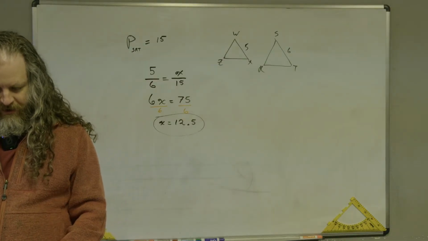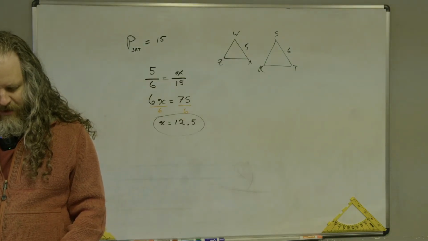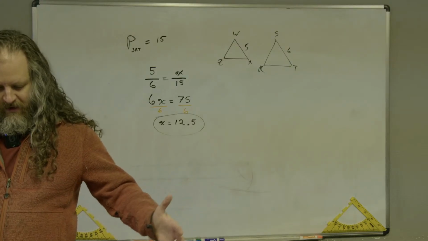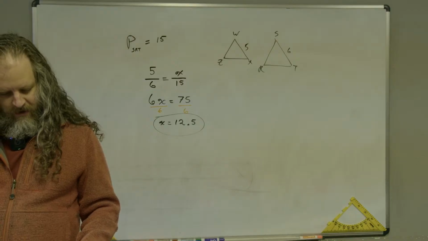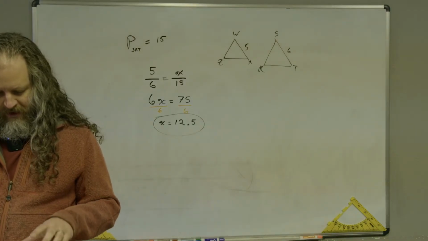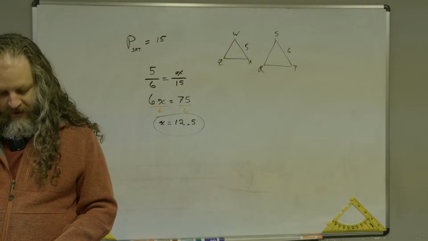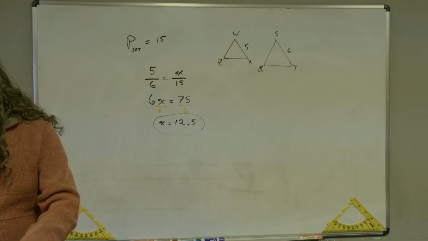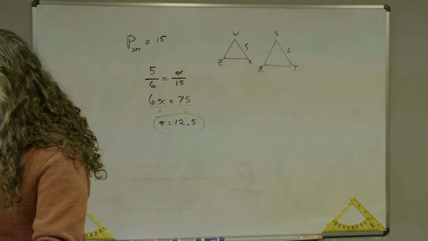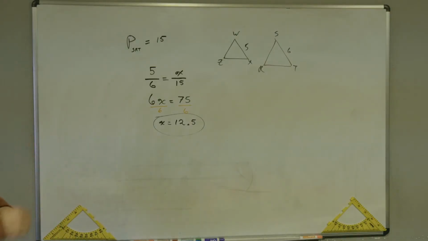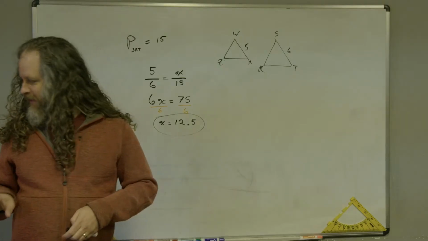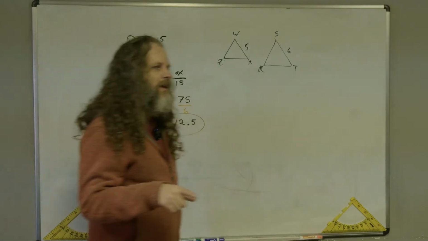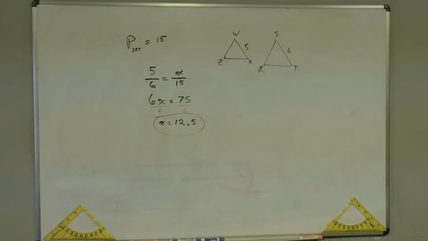Bunch of words. Rectangle ABCD has a width of 8 yards and a length of 20 yards. Rectangle QRST, which is similar, has a length of 40 yards. Find the scale factor. Oh no, scale factor. Scale factor is difficult only because we use the word scale in two different things, and in one context it means one thing, and in another context it means the inverse of that one thing.